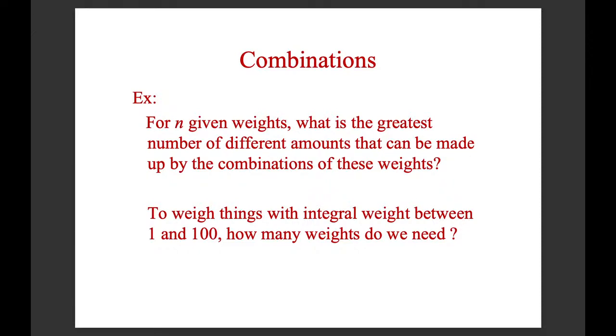In that sense, we don't need a lot. We just need 7 different pieces, with weights 1, 2, 4, 8, 16, 32, and 64. We can make use of these pieces to get any number from 1 to 100. So in that case, we can solve this problem.